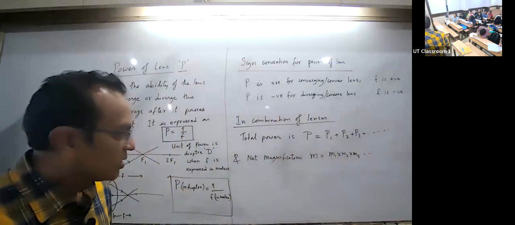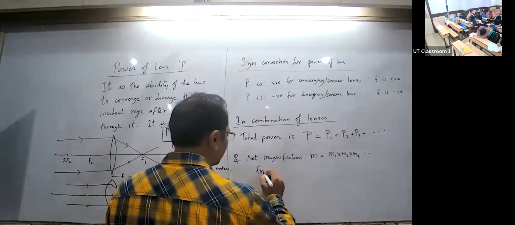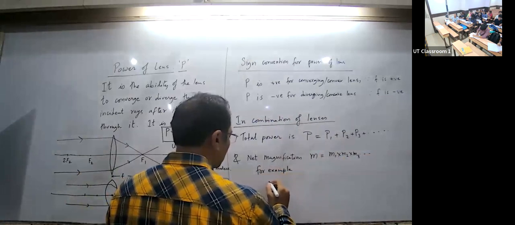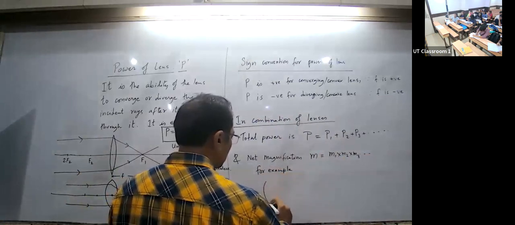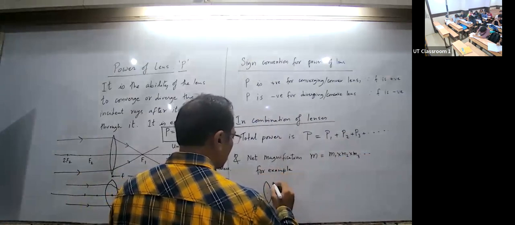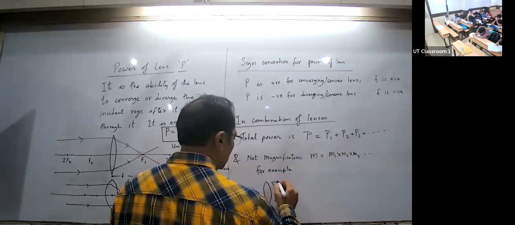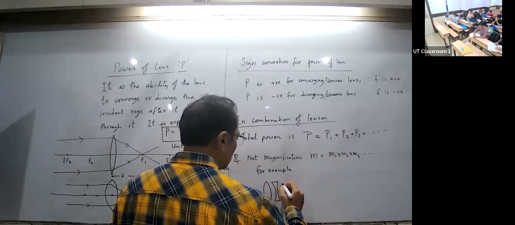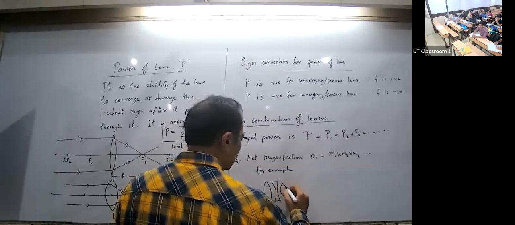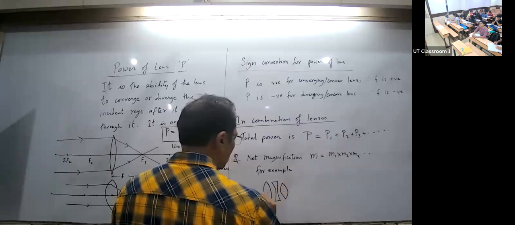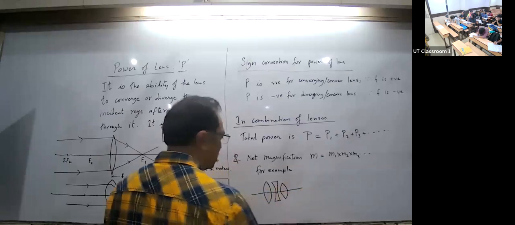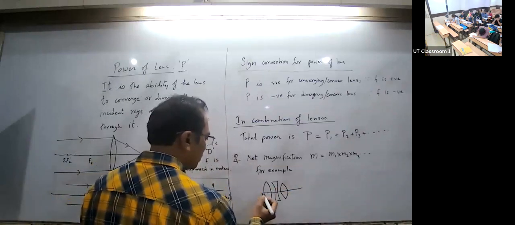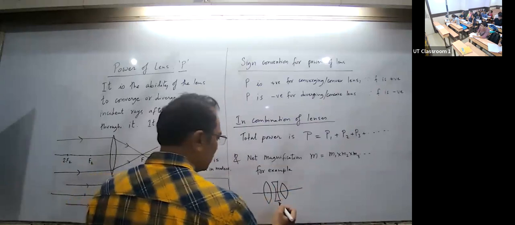Got it? Like in cameras, telescopes, for example, let us say you have a system of lenses like this. Imagine you have an equipment which has two lenses that are convex and one lens which is concave.